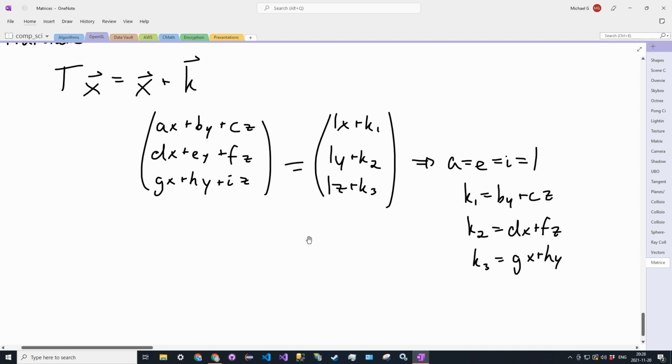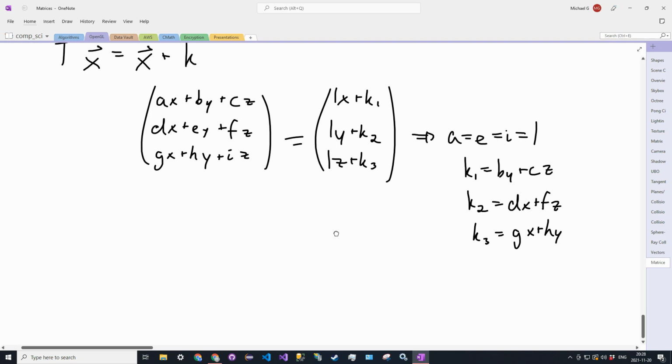So there's obviously a problem here, and the solution is that we are going to extend the dimension of our vectors representing the position and the dimension of our transformation matrix. So we're going to go into dimension 4. That doesn't mean that we're moving into 4D space, or an environment with 4D positions. We're still going to stay in 3D positions, but we'll only be taking the first 3 elements of our position vector.